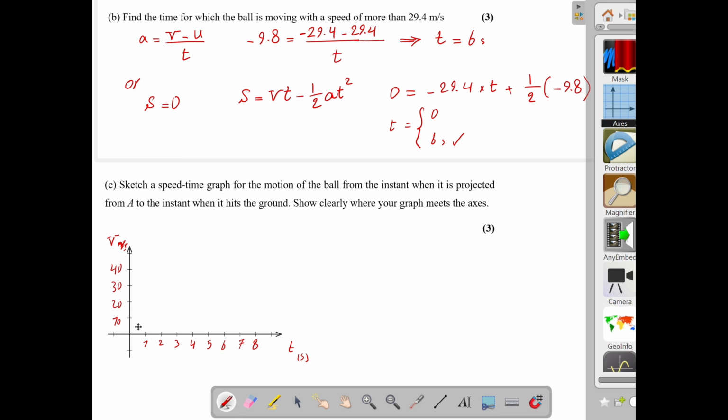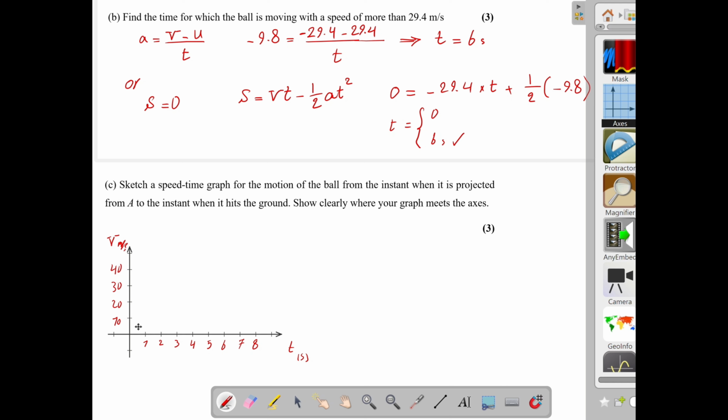Okay. So we are going to sketch speed time graph for the motion of the ball from the instant when it's projected until it hits the ground. Okay. We have velocity of projection. It is 29.4. We have the velocity when it turns back to the same point, but we need the time that our velocity equals 0.